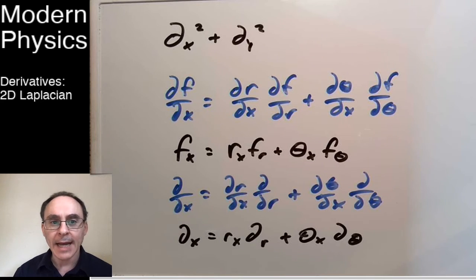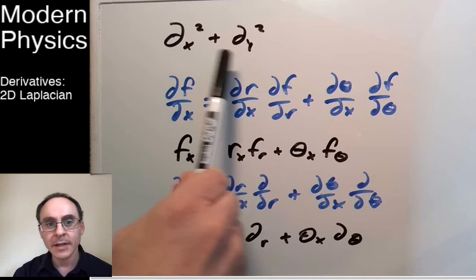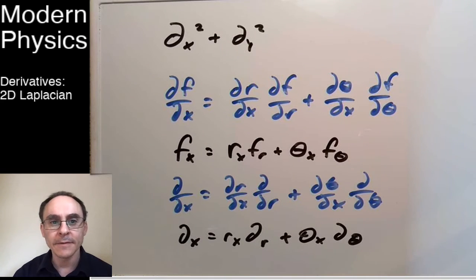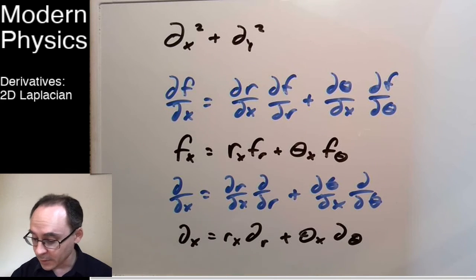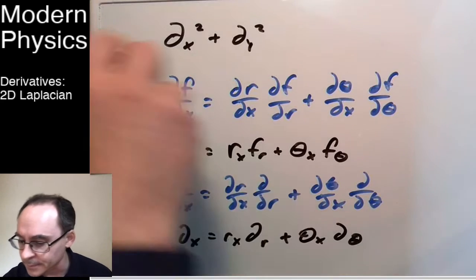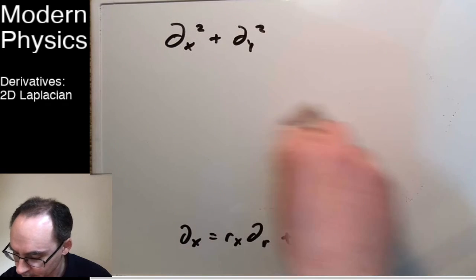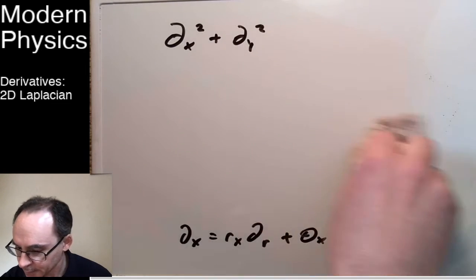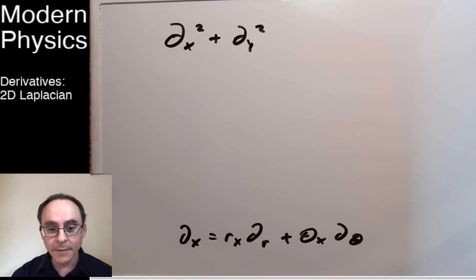So I want to use that to expand out this sum of second derivatives. I've got part of it already right here, so I've got what I want kind of on the bottom. I just need to take another derivative there.